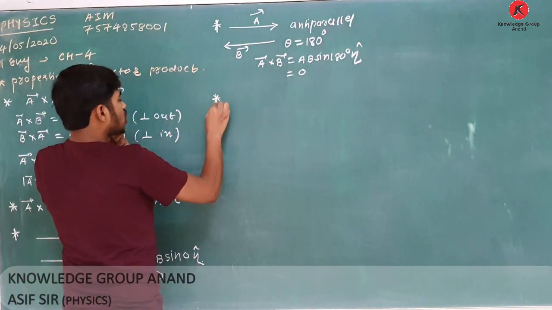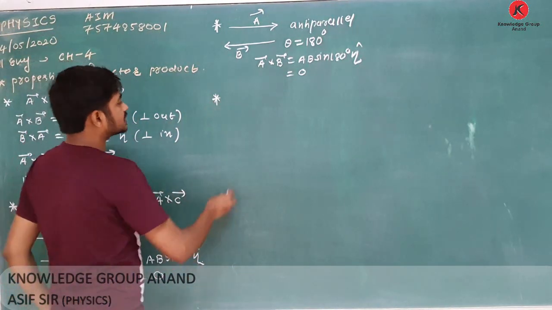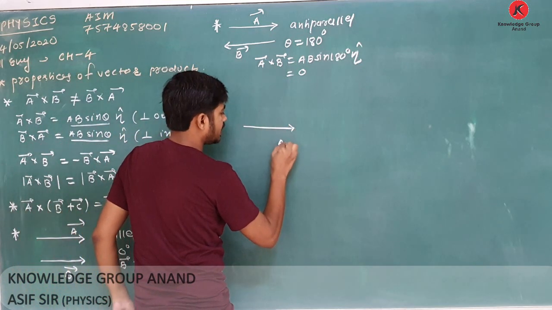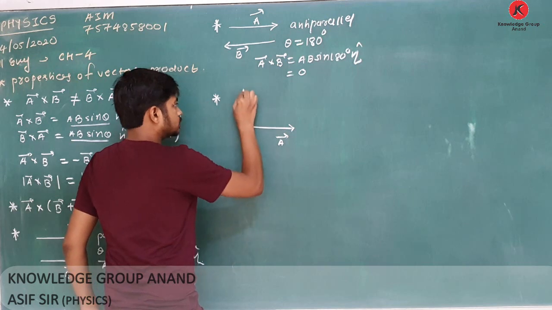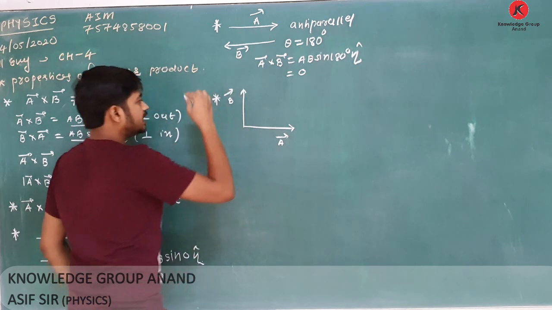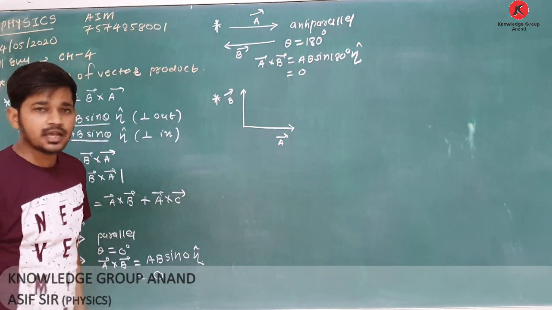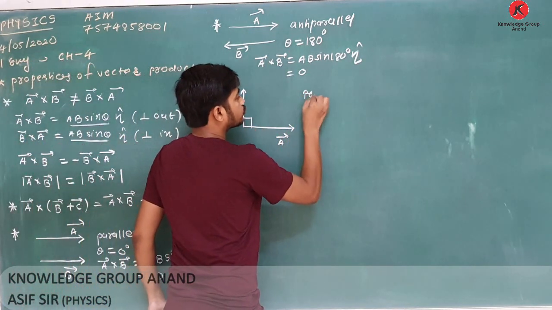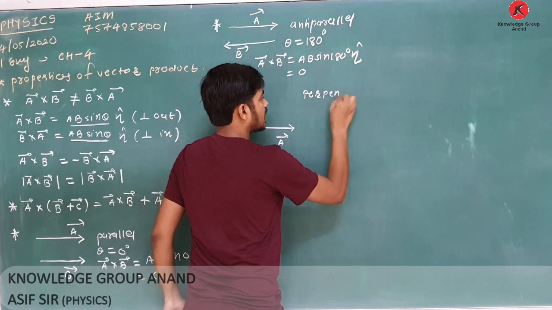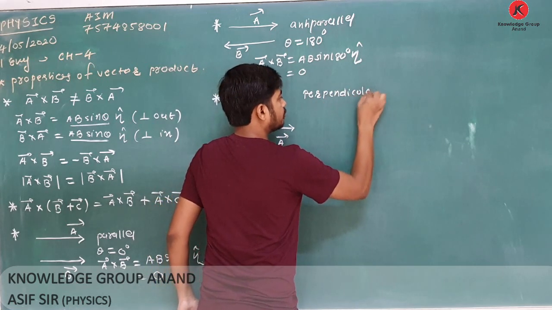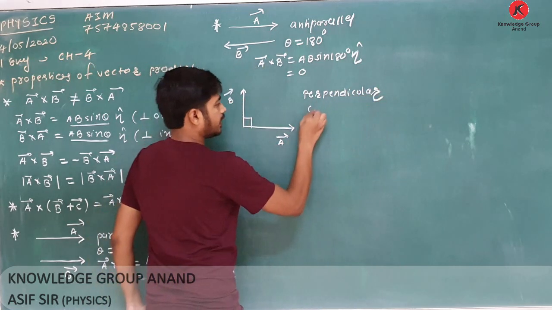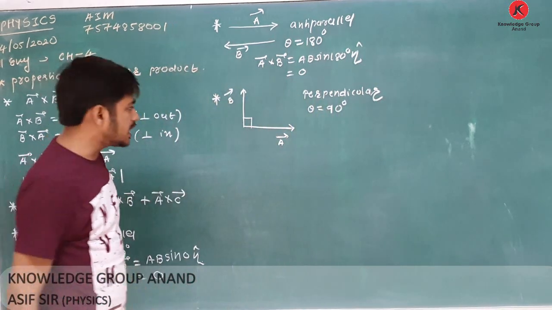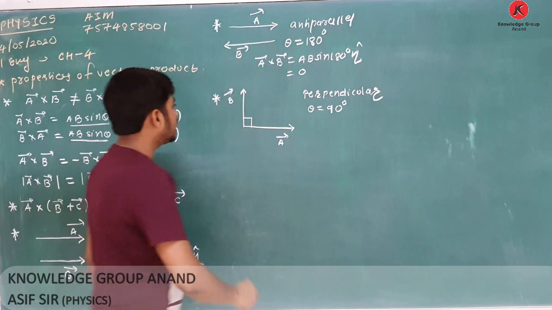Now, if you are given two vectors like this, vector A and vector B, these two vectors are perpendicular to each other, which means the angle between them, theta, is 90 degrees.